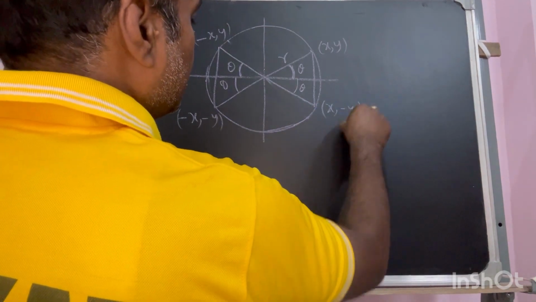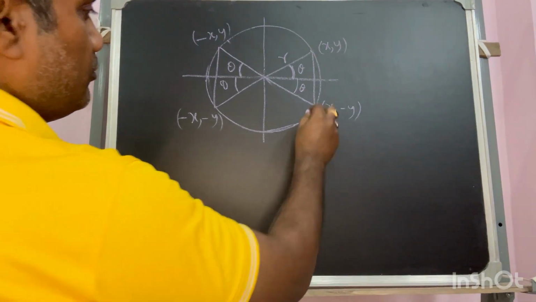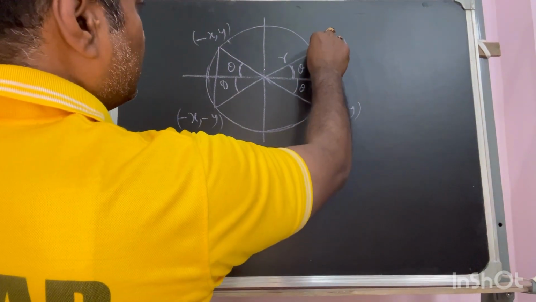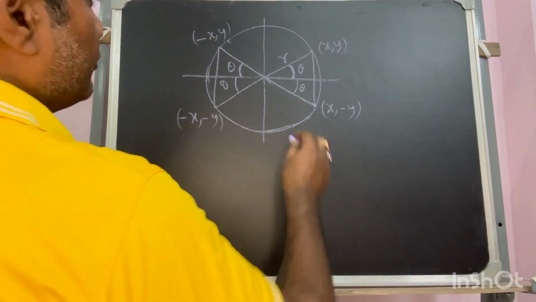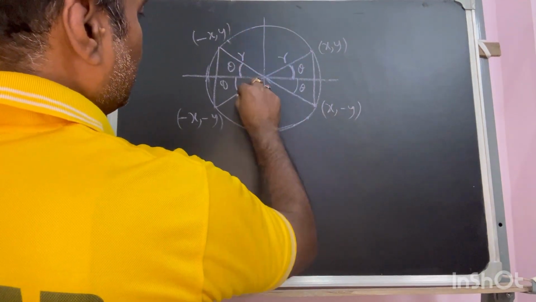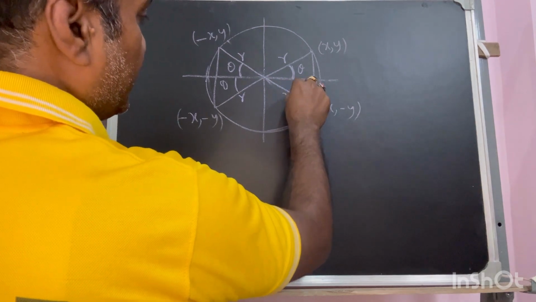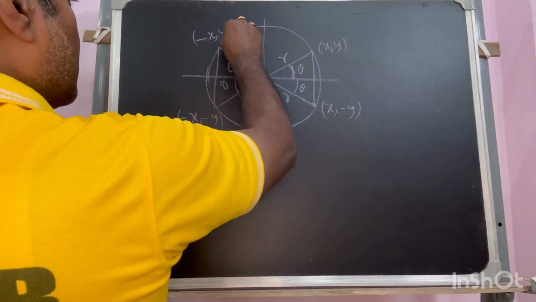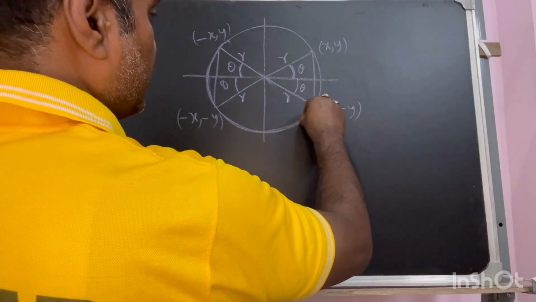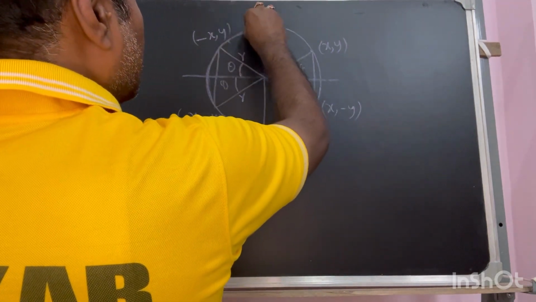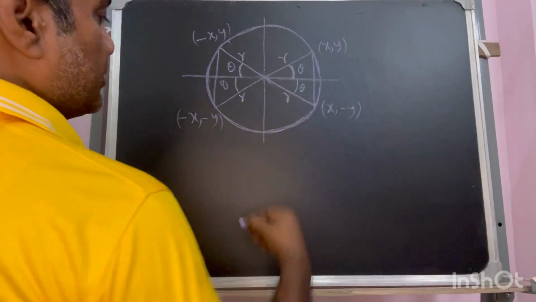So these are the four coordinates which will make equal angle with respect to the positive or negative x-axis when the same length of radius is rotating, taking a circular path. So that rotating arm will lie on the surface itself.